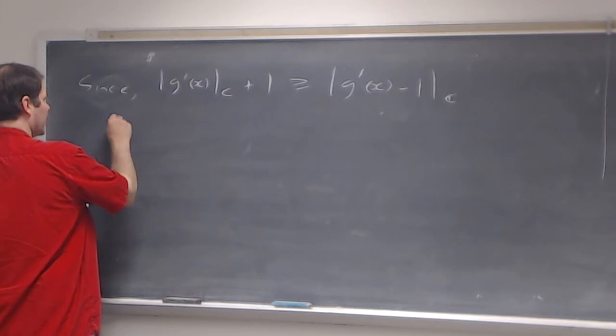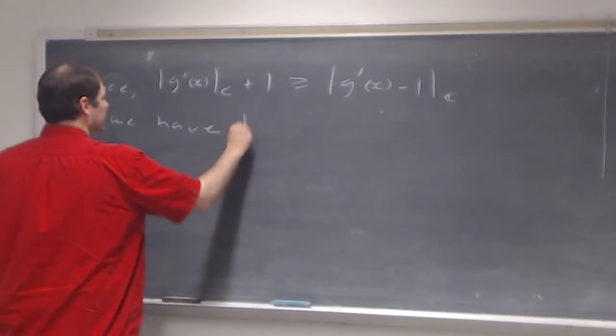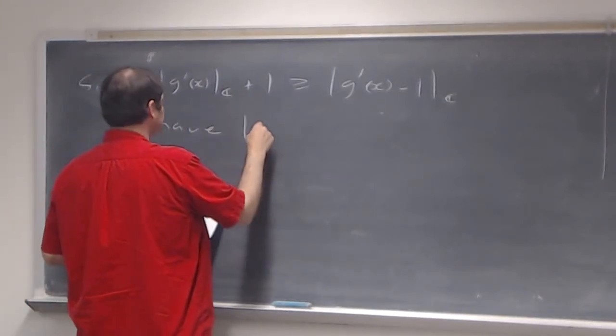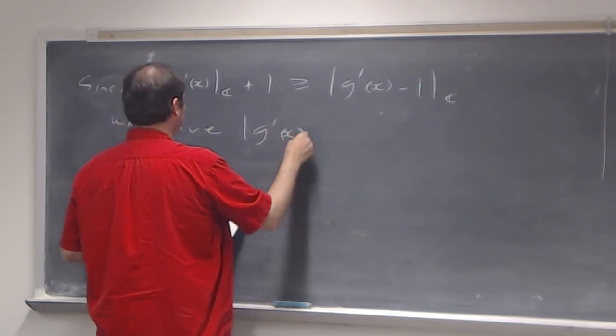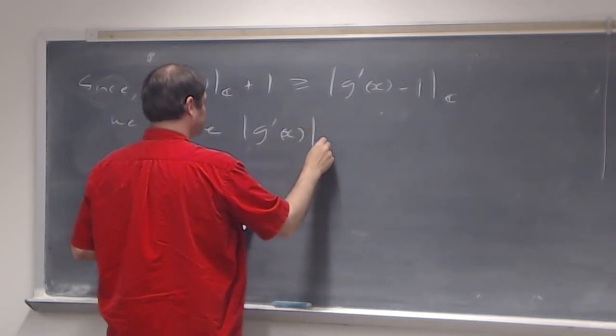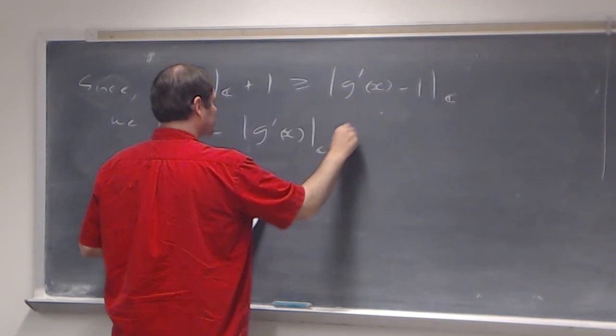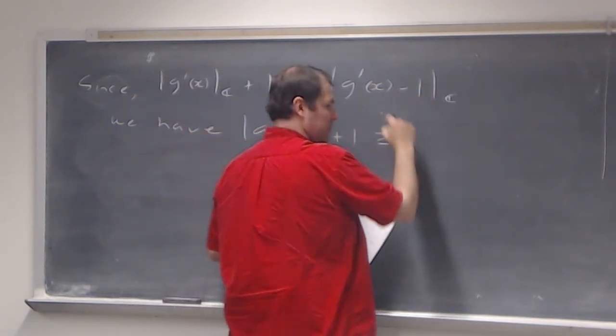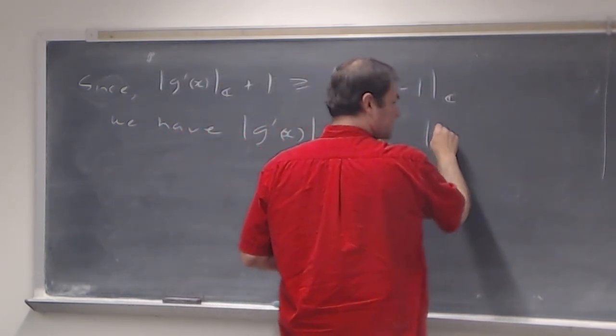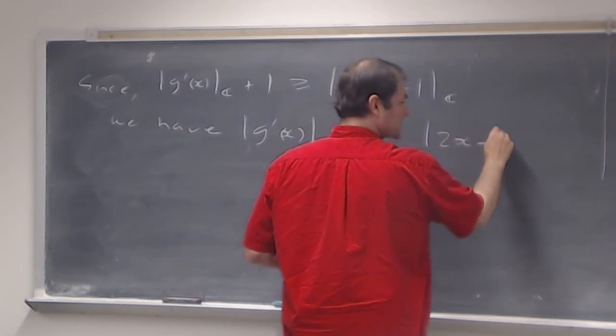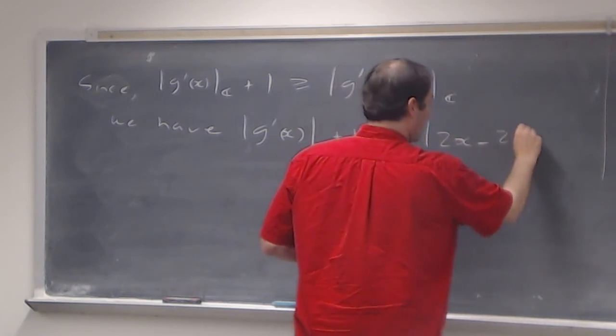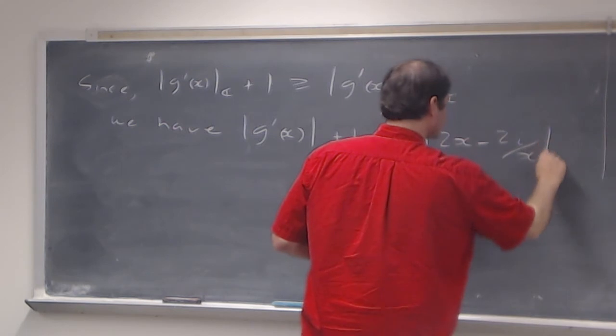And so here we have the complex absolute value of g prime of x plus 1 is going to be greater than or equal to what we said this was equal to, which was the absolute value in the complex plane, 2x minus 2i over x.